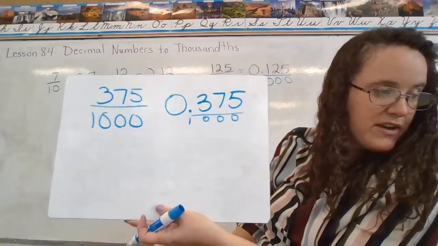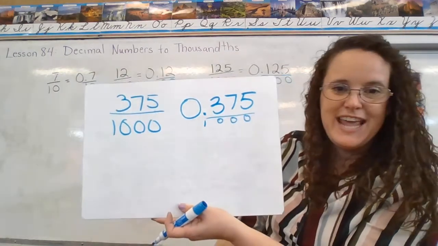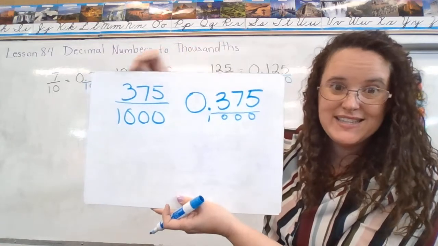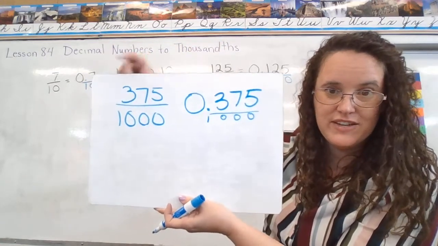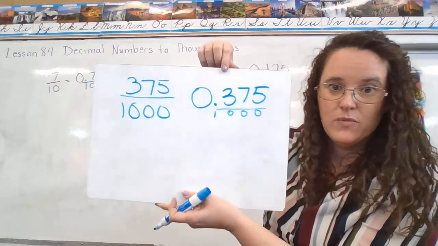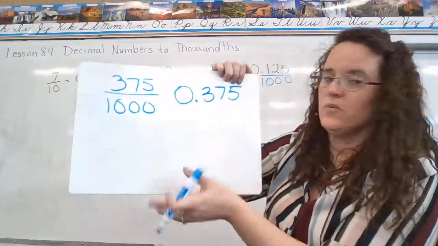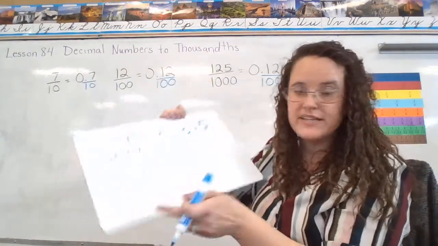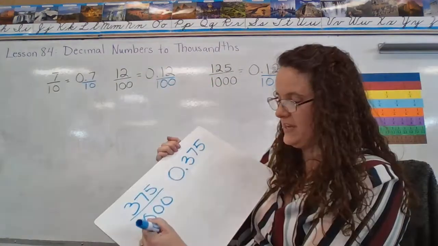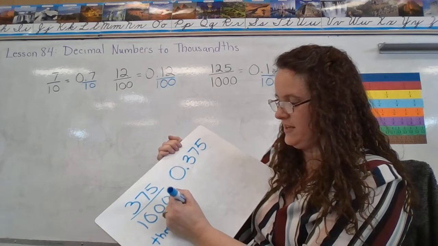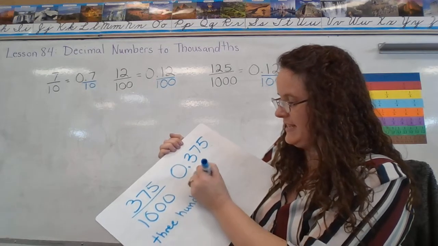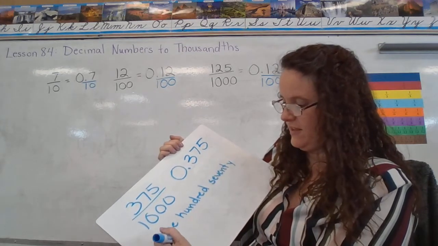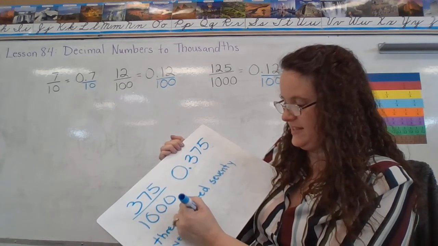And then the second part of that question said, use words to name both numbers. So we read it the same way. We say 375 thousandths. When we see this, we also say 375 thousandths. So we're going to spell that out with words. 375 thousandths.